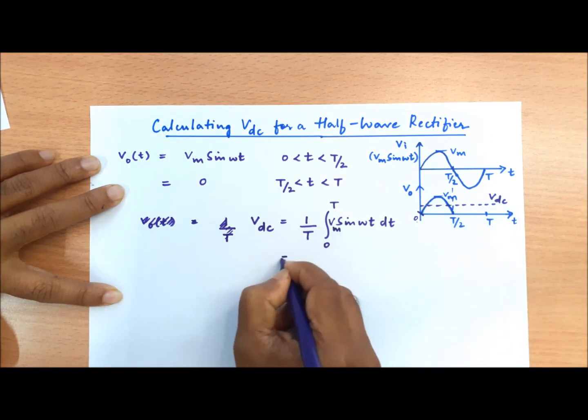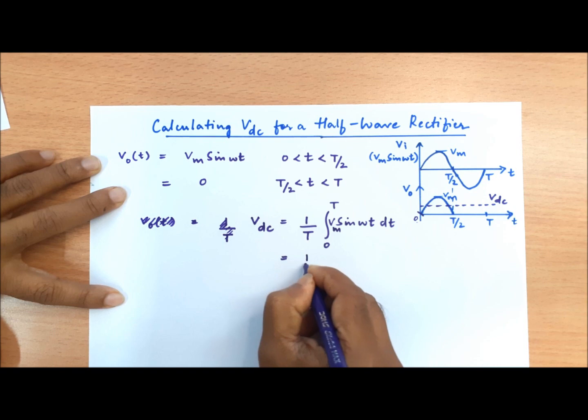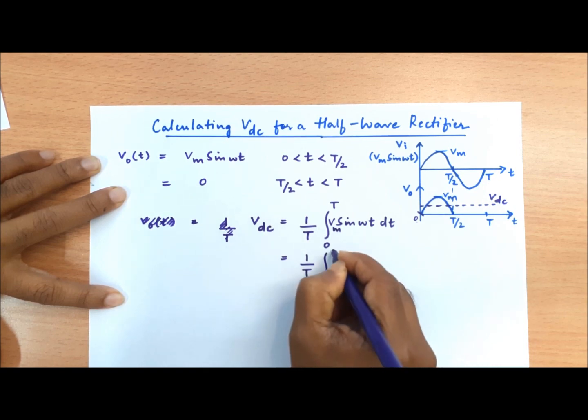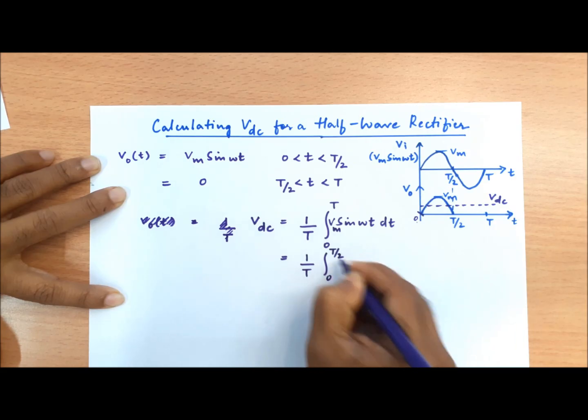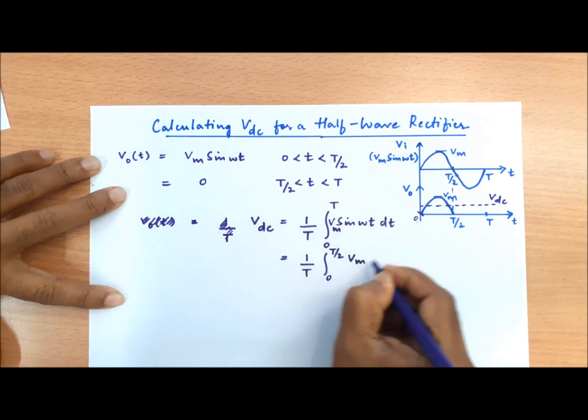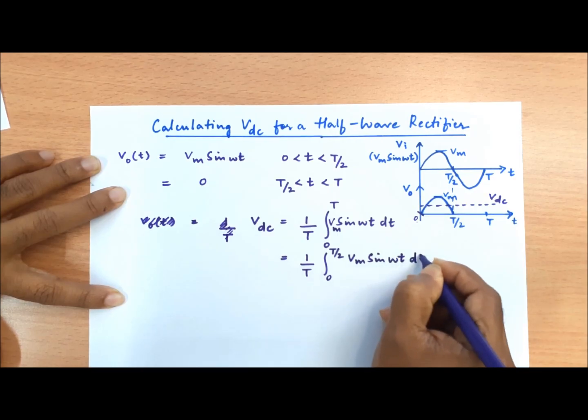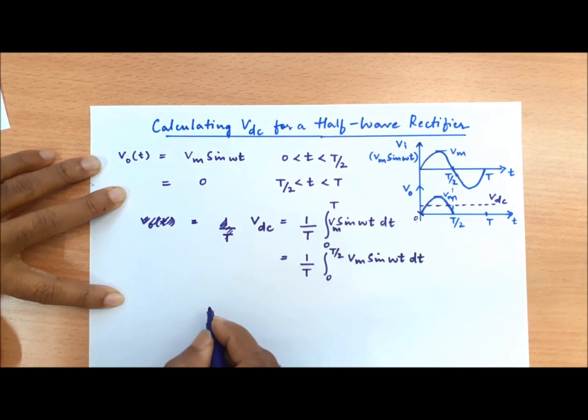So we can simplify this expression as 1 upon T, integral from 0 to T by 2 of Vm sine omega t dt.